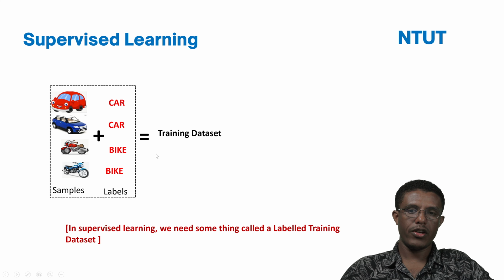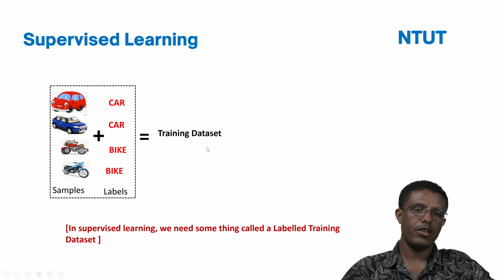This is another example. There are car images here and the labels here. The samples show different vehicles, and we also need to label them: this is a car, this is a bike, and this is a bike. This is just the training data set.